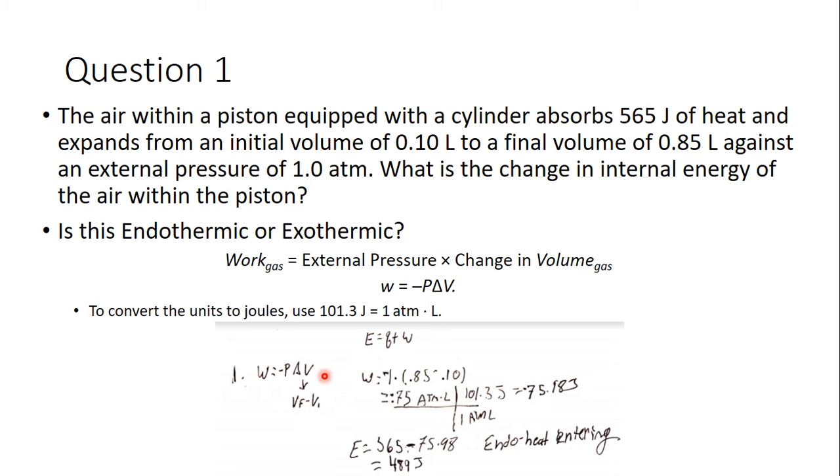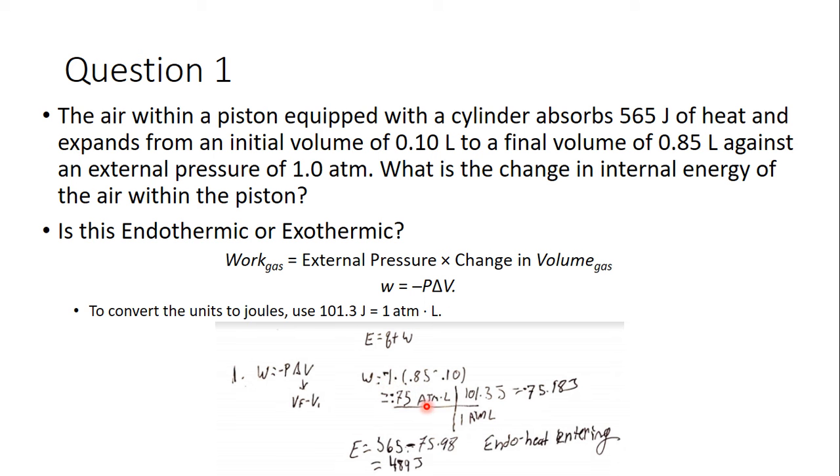So let's calculate work now. So work equals minus 1, that's our pressure, that's our atmosphere, multiplied by our final volume, 0.85, minus our initial value, 0.1. That means our atmosphere liter is negative 0.75. Don't forget that negative sign in front of our equation.